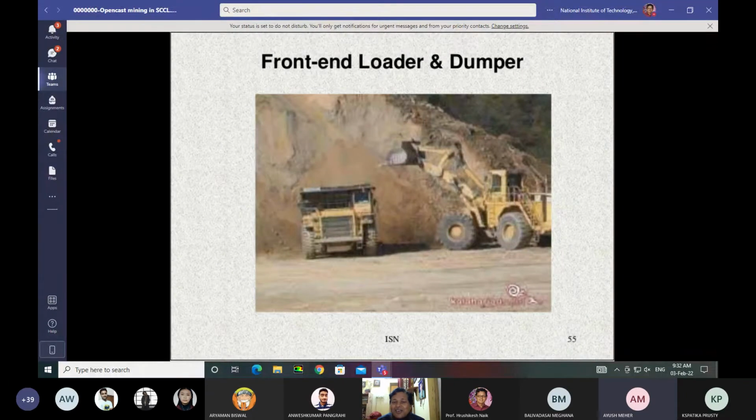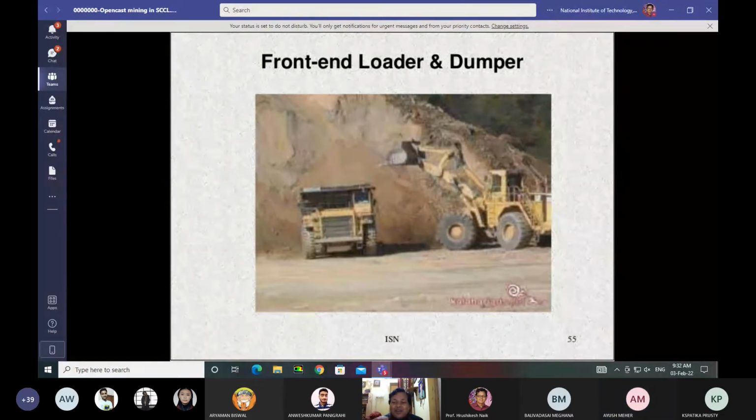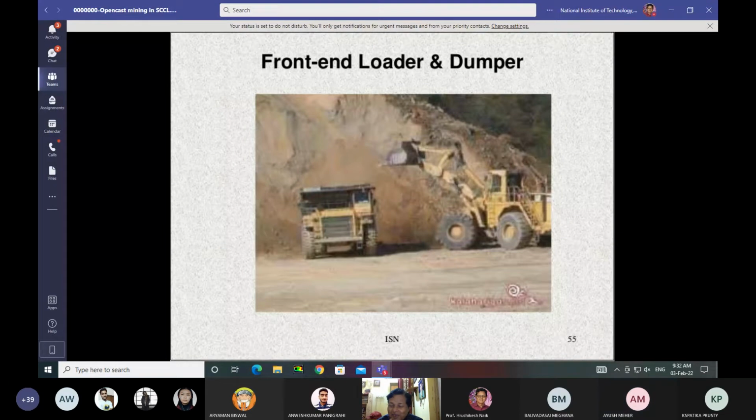If it is a hydraulic shovel, it will sit on the top of the bench and load the material to the dumper on the lower bench. Otherwise, in this diagram, both the machines are at the same level, on the same bench.